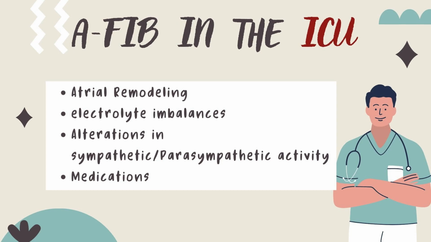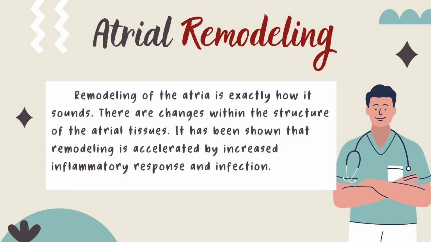atrial remodeling is a consequence of a lot of different disease processes or things going on. When the atrial tissue is remodeled, it's gone through changes over time, just like you change the inside of your house structure. Well, over time, the conduction system within those tissues also changes.